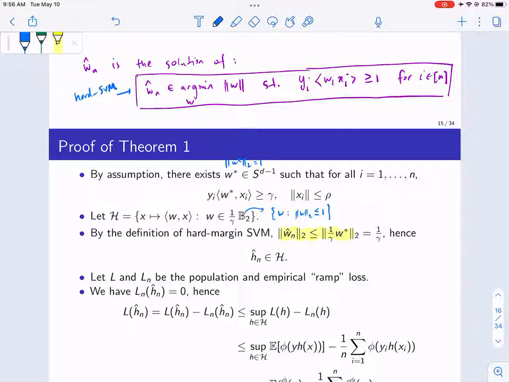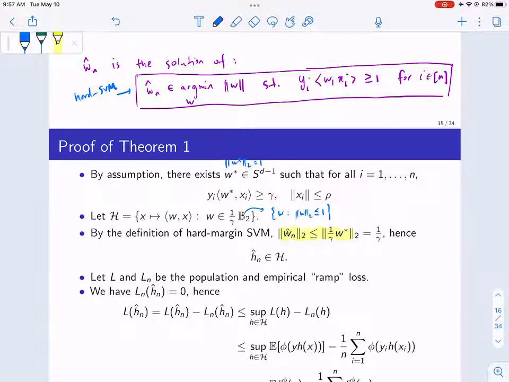How do we get that inequality? Anyone remembers?